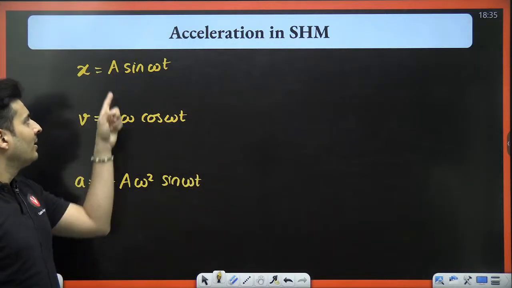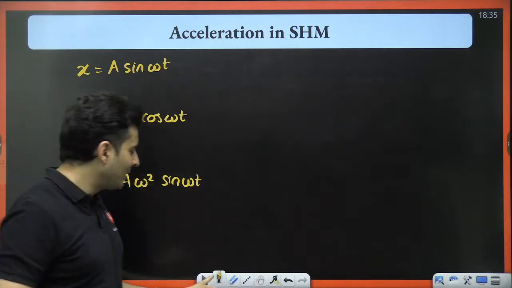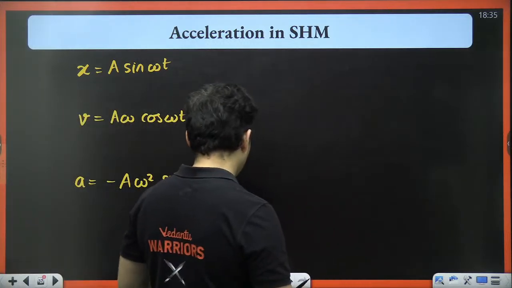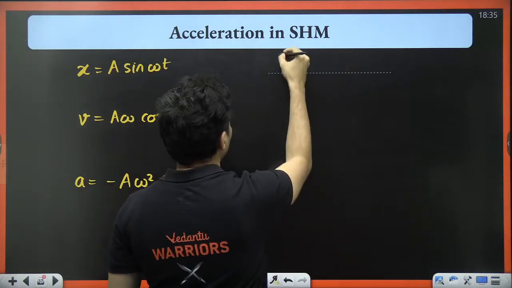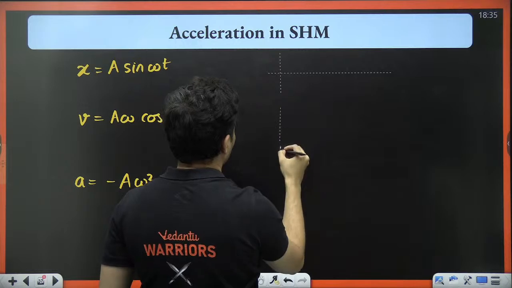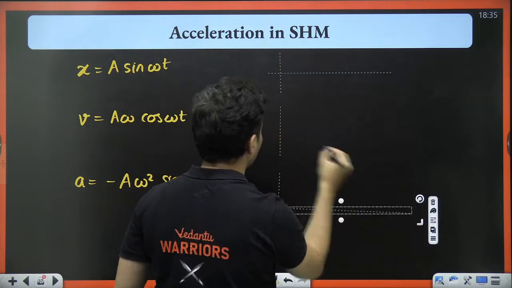As you go down, one extra omega will add up. That's the main difference, my dear students. So if you look at the graphs, they will look something like this.